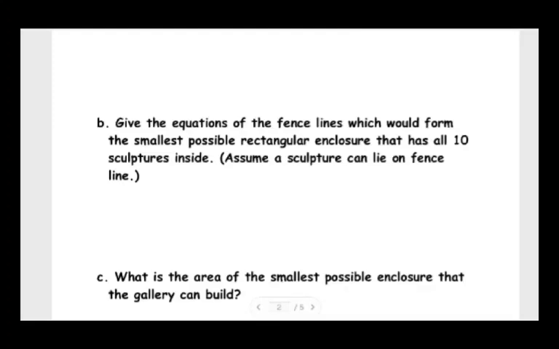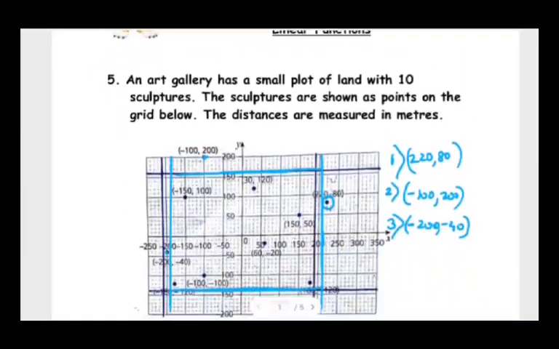Give the equations of the fence lines which would form the smallest possible rectangular enclosure that has all 10 sculptures inside. Assume a sculpture can lie on the fence line. Okay, so that means if I have to take this one, I need to have this as the line out here. This one. Correct? So this is y is equal to 200.